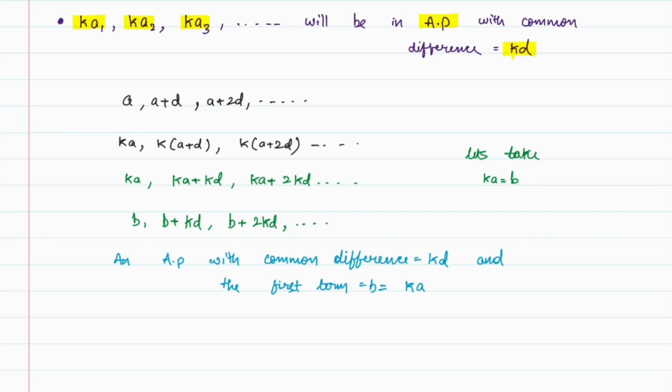Here k can be any real number. So suppose I am taking k equal to 1 by r, that means the new arithmetic progression series will become a1 by r, a2 by r, a3 by r.